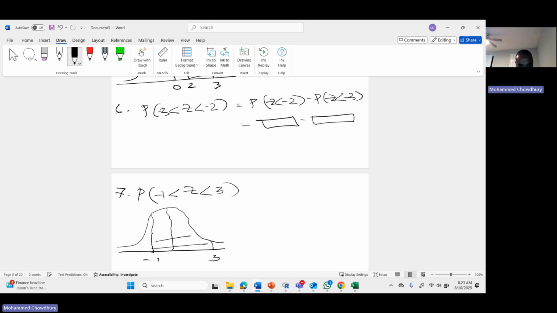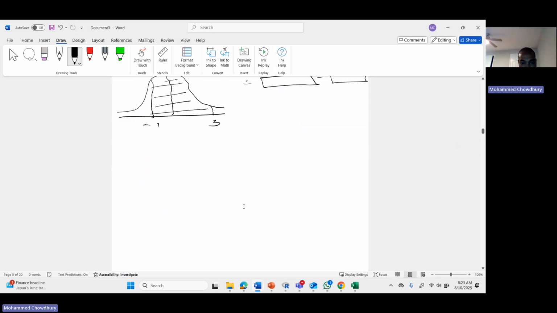This is what you can easily find by using the Excel or R code: Z less than 3 minus Z less than negative 1. Now you can put here Excel code or R code. So now the 7th problem has been done.